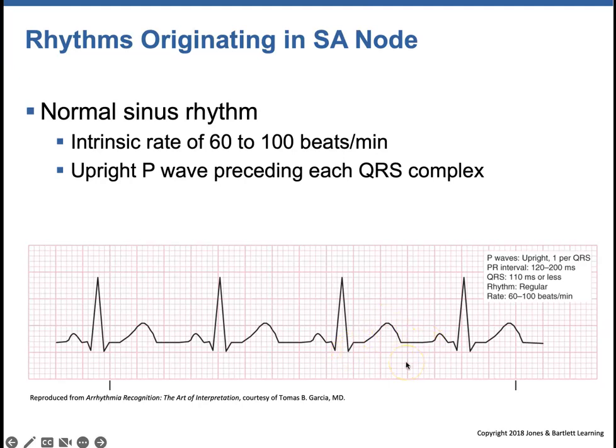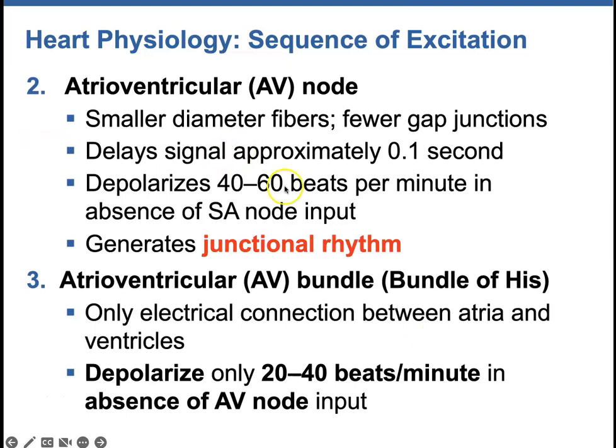So that's your normal. Say that the SA node fails. Now your pacemaker just decided not to come to work, so something has to do the job. What takes over is the AV node, which is the second node in the sequence. However, if the AV node takes over the job, the heart rate is going to slow down significantly.